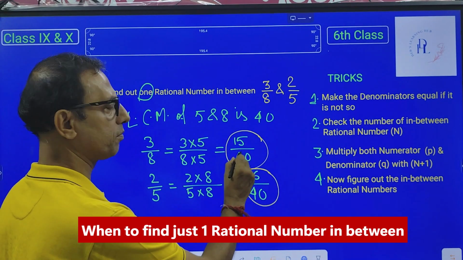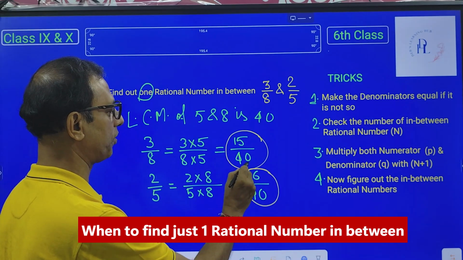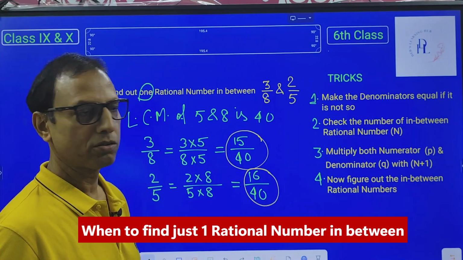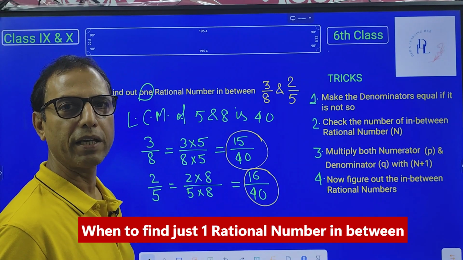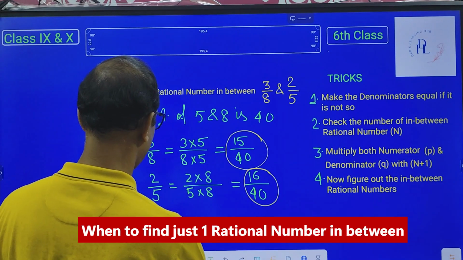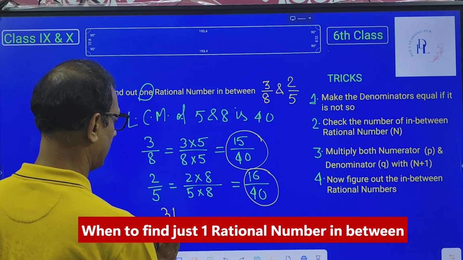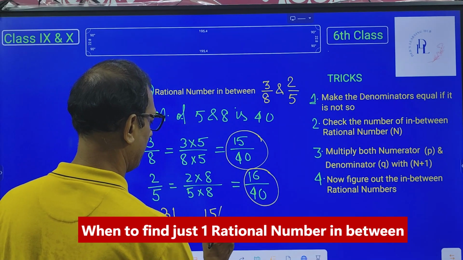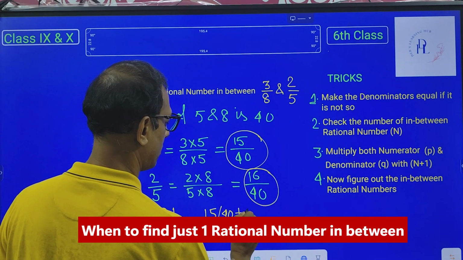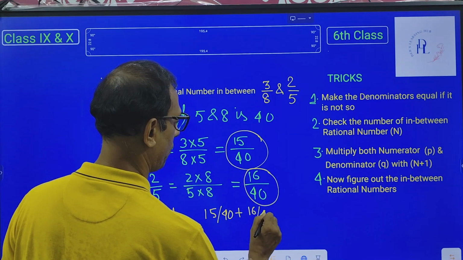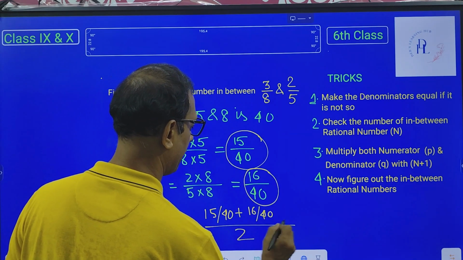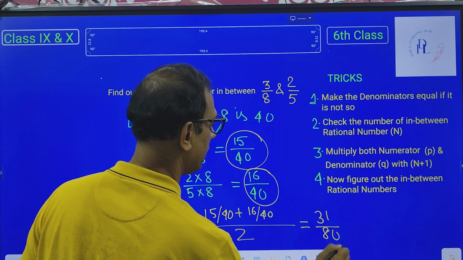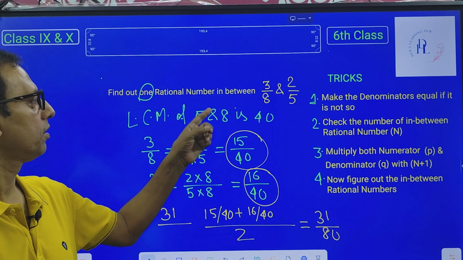Both denominators are equal, so 15 by 40 plus 16 by 40 means 31 by 40. Make it half: 31 by 80. So the in-between rational number is (15 by 40 plus 16 by 40) divided by 2, which equals 31 by 80. So this is the in-between number.